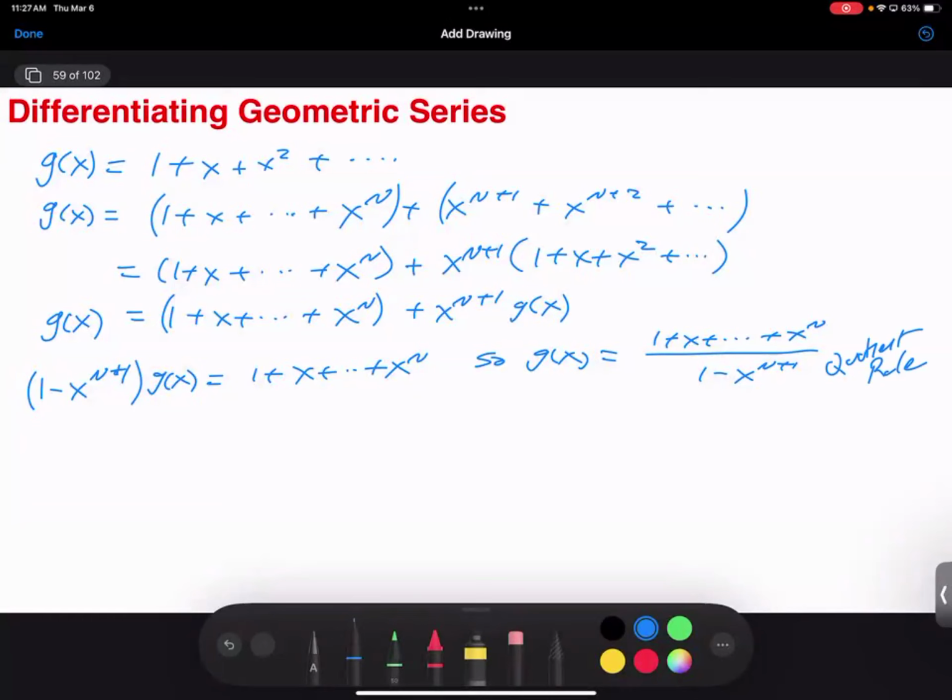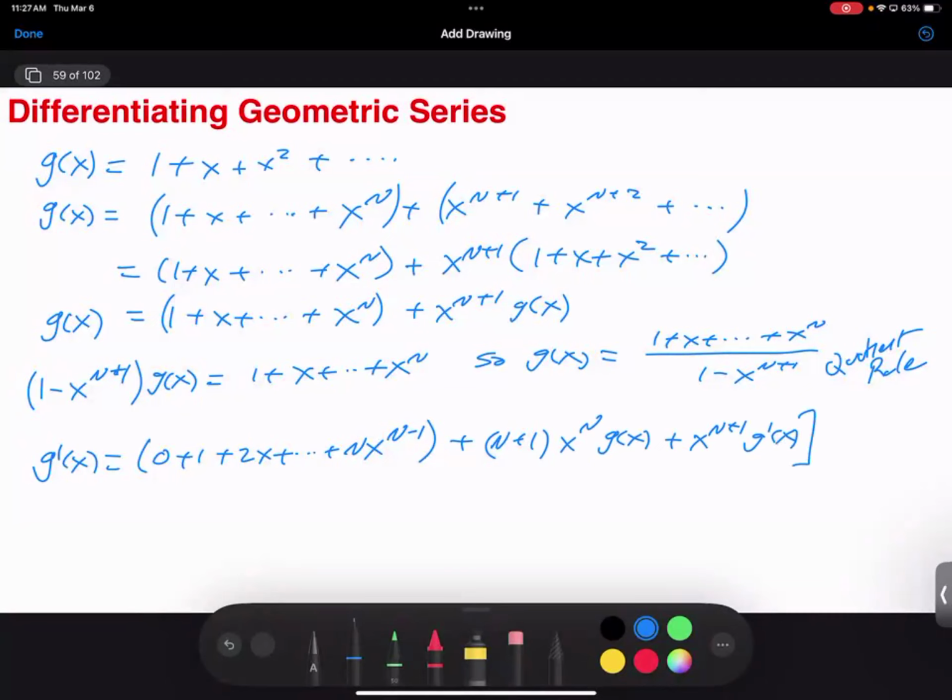So the other possibility is g prime of x is 0 plus 1 plus 2x plus dot, dot, dot, plus nx to the n minus 1 plus, and now what rule do I use? I use the product rule. n plus 1 x to the n g of x plus x to the n plus 1 g prime of x. Why am I allowed to do this?